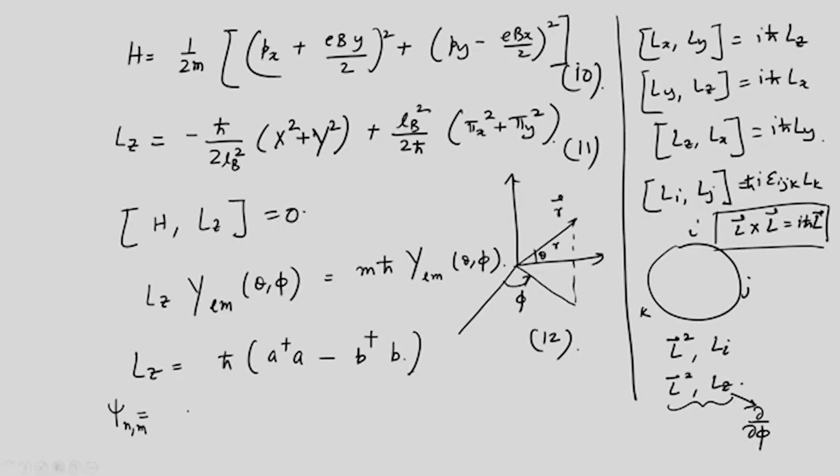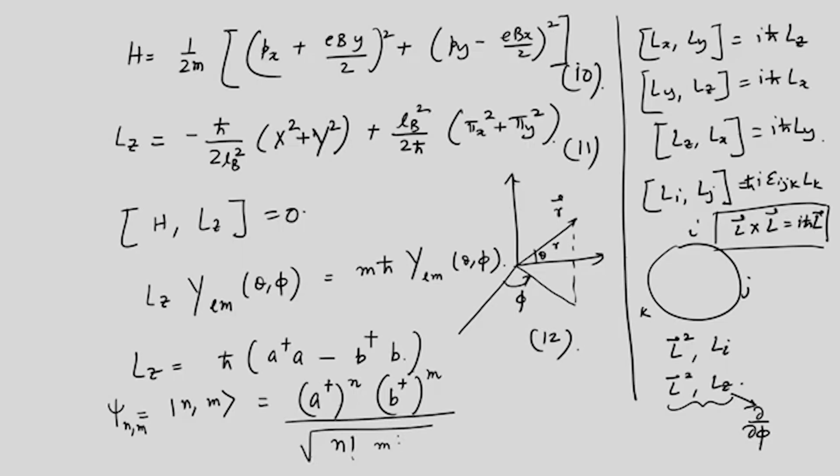n we have already seen; n comes in the energy expression where n takes values 0, 1, 2, 3, etc. So, this is written as a ket |n, m>, which is equal to A dagger to the power n, B dagger to the power m, divided by root of n factorial and m factorial, and this acts on |0, 0>. So, n equal to 0, m equal to 0 is the state which we will call the vacuum.